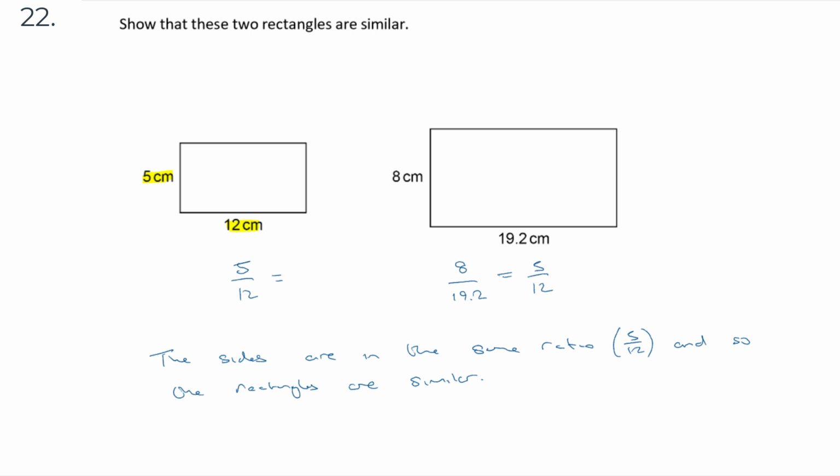Often with these questions we're finding the scale factor, but this time we're doing something different. We're just showing that when you divide one side by the other, you get the same number, and therefore they must be in the same ratio, and therefore they are similar.